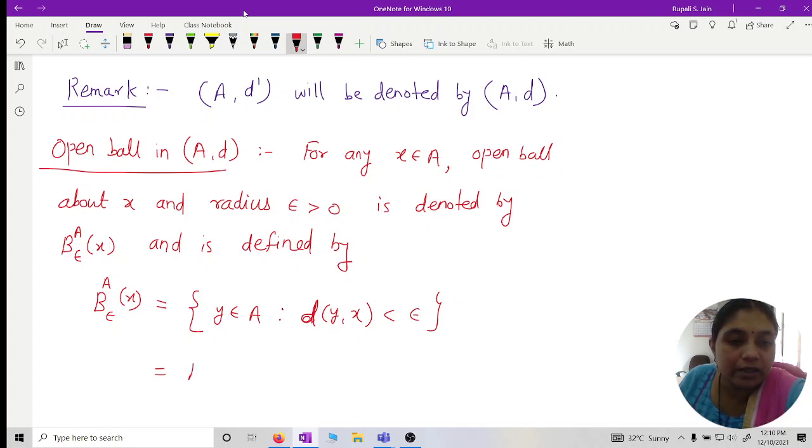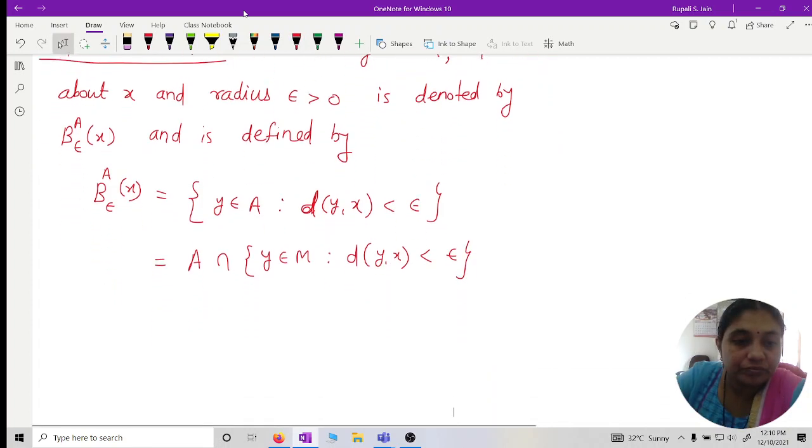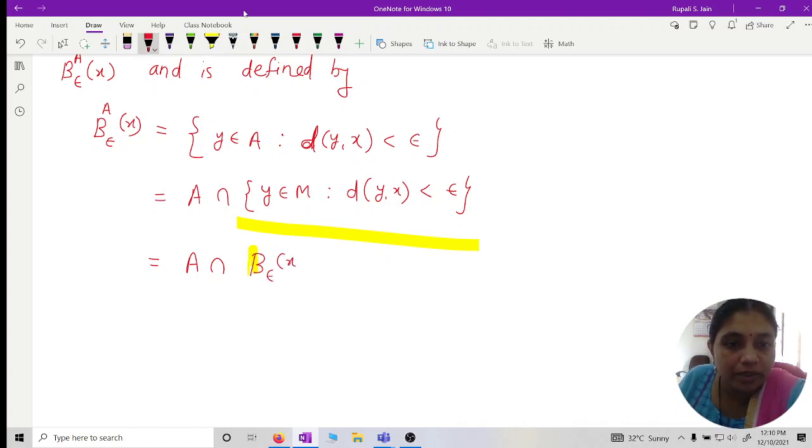Now this I can write as A intersection the set of all y in M for which the distance of y, x is less than epsilon. Can I write like this? Because A is a subset of M, right? So what is this set? This is nothing but the open ball in M, right? So it is just B epsilon of x.